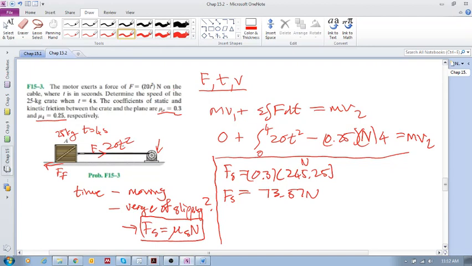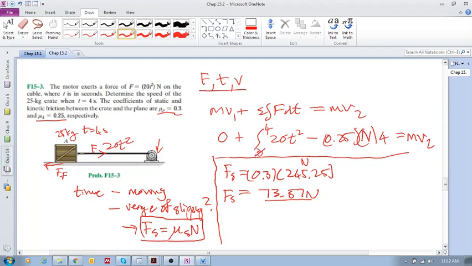At time equals 0, this applied force is 0, and it increases until it matches this force. Up until that time, the crate is going nowhere. Only once it surpasses the friction force of 73.57 does the crate start moving.